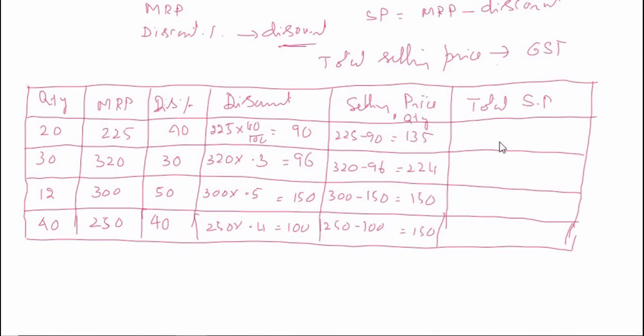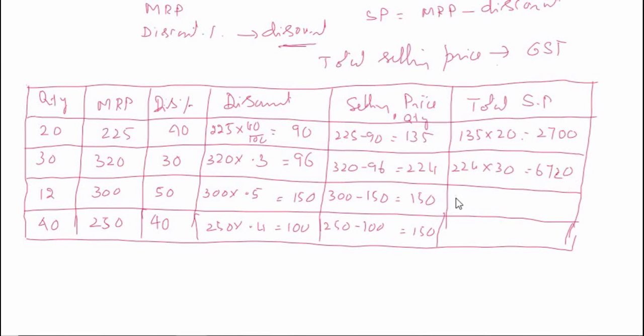So what is the total selling price for here? 20 quantities, that is 135 into 20, this comes to 2700. Then 224 into number of quantities 30, this comes to 6720.